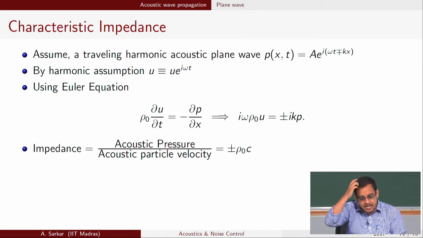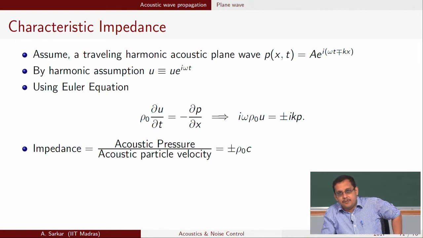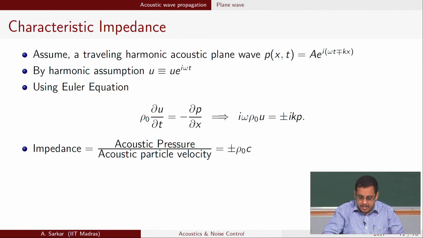So, the pressure to velocity relation will remain the same in magnitude, but in sign it will change, right. If you have a forward travelling wave, the pressure and velocity will both bear the same sign, because the wave is going in the forward direction.